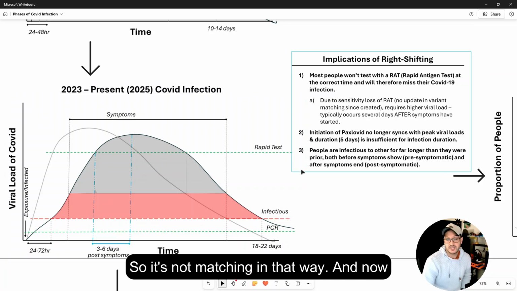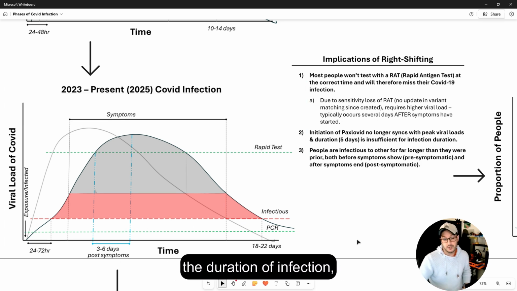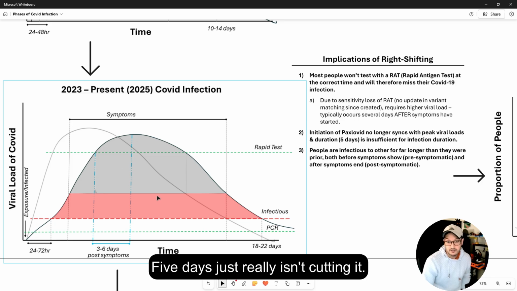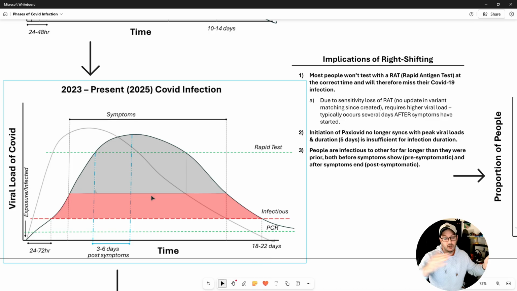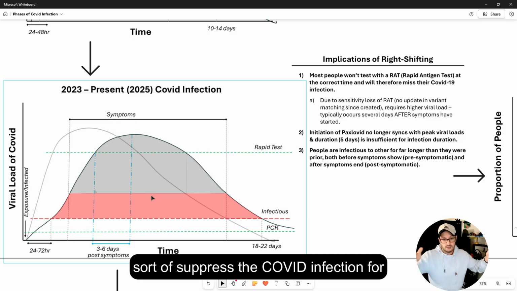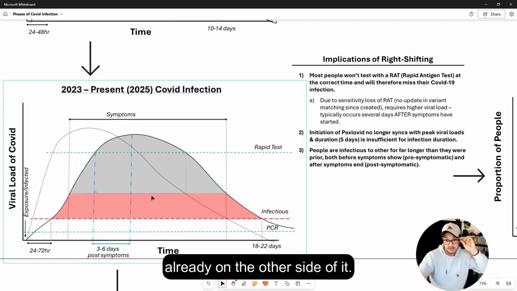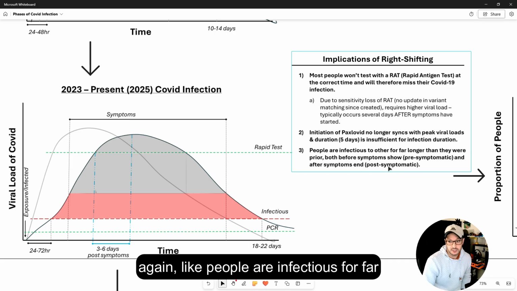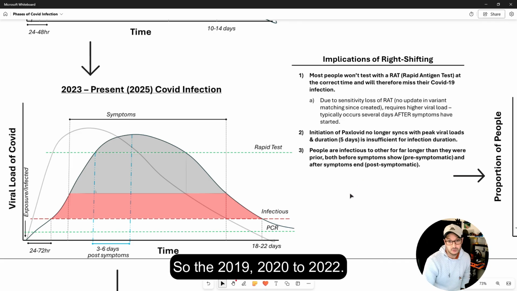And now, due to the increased duration of infection, 5 days just really isn't cutting it. It's not sufficient time to suppress the COVID infection for long enough to make it so that you're already on the other side of it. And again, people are infectious for far longer than they were prior, before 2022, so the 2019, 2020 to 2022 period.